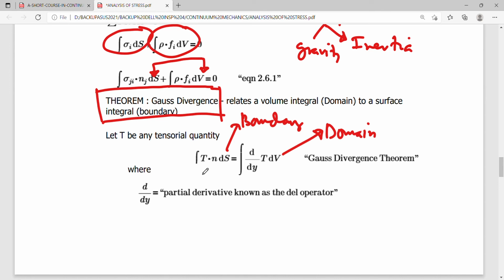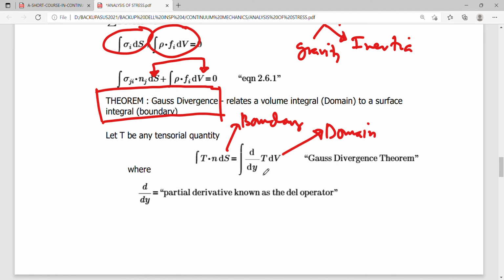Okay, the integral of your tensorial quantity multiplied by the normal vector described in the boundary is equivalent to the integral of the partial derivative of your tensorial quantity described in the volume.